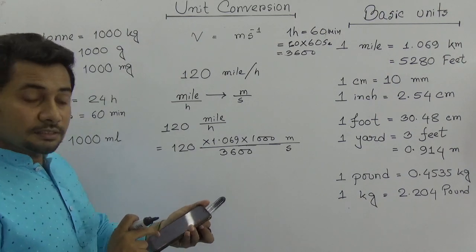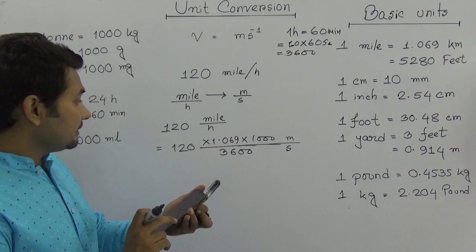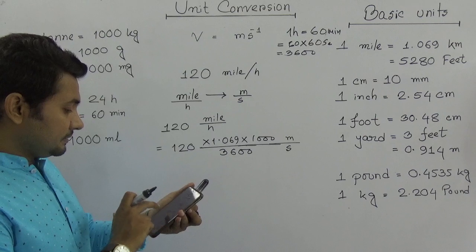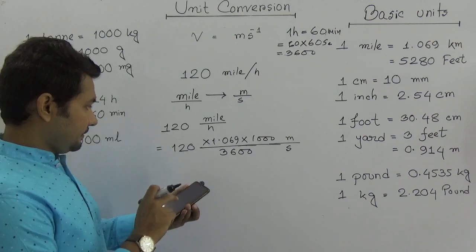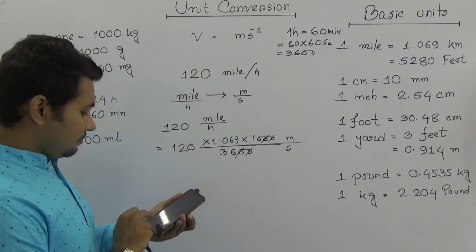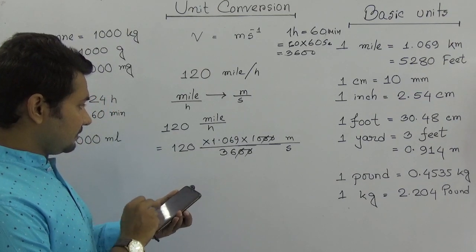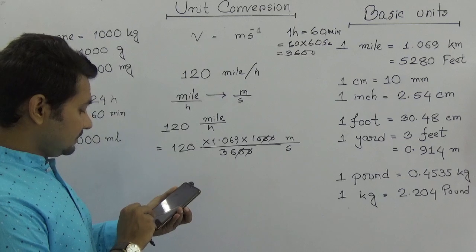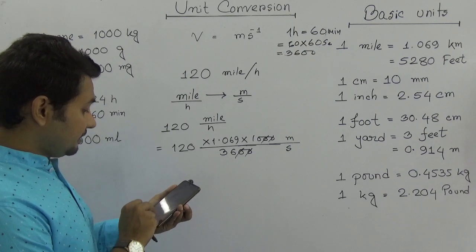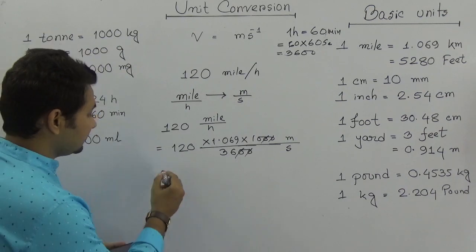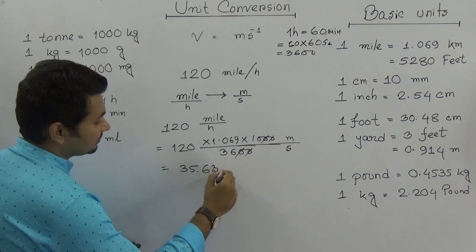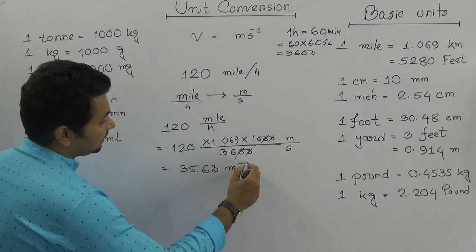Now we can do it simply. How? That is 1.609 times 120, I can do it simply 1200, divided by 36, so that is 35.63 meter per second.